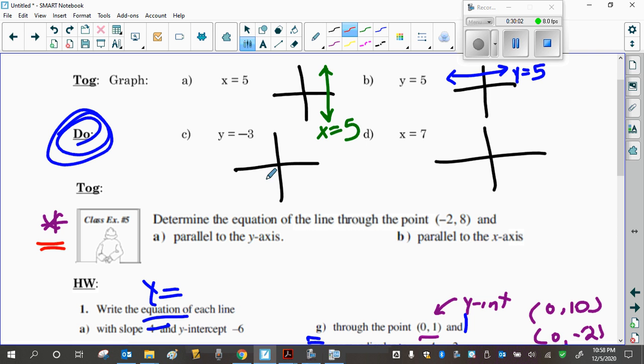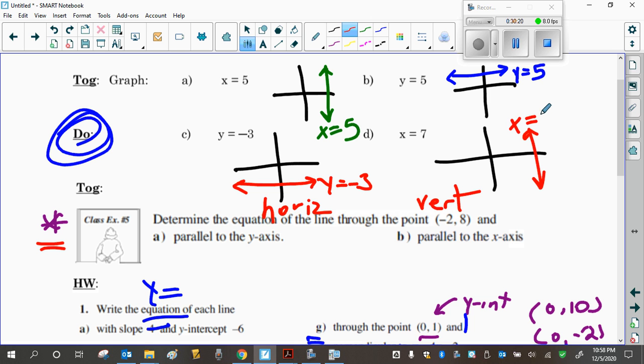So horizontal line at 3 down, y equals -3. So if that's a horizontal line, then this one must be a vertical line at 7 to the right. Nice.